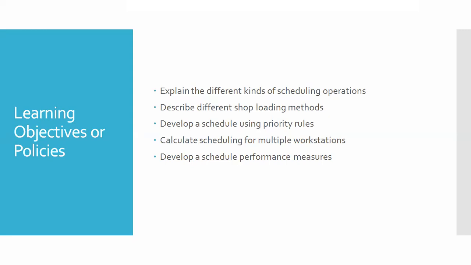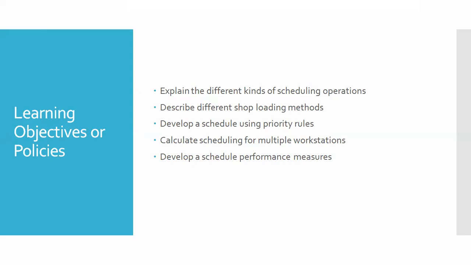Calculate the scheduling for multiple workstations. If you have multiple workstations, like workstation X, then Y, then Z, or maybe more than that, how can you schedule your activities with respect to the time for multiple workstations?